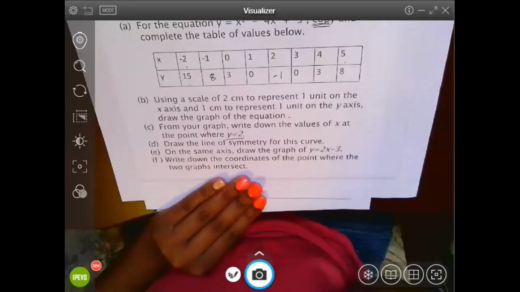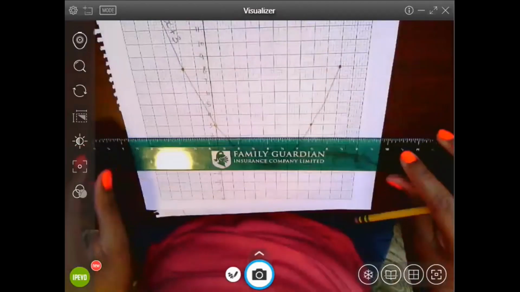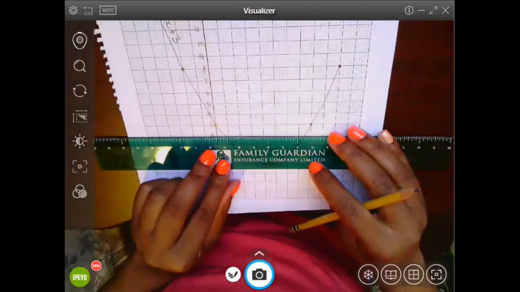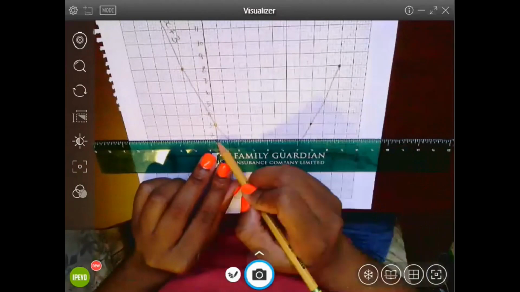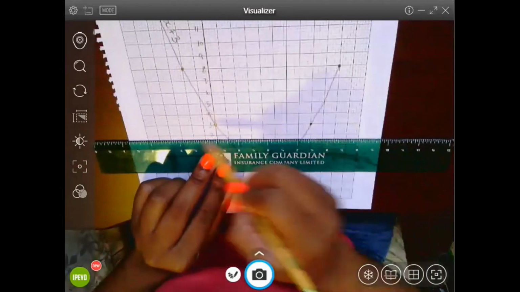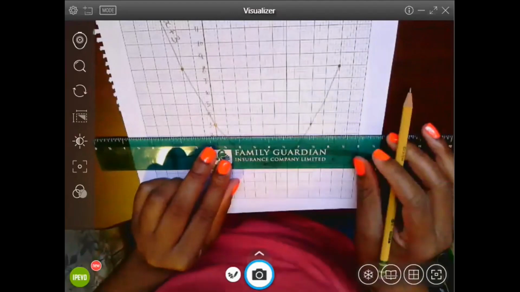So I'll take my ruler, and I'm not going to draw this line. I'm just going to put my ruler to where the line should be. So I'm going to put my ruler on the line y equals 2, which I know is the horizontal line that goes to the point y equals 2. And I'm trying to see where my graph intersects with that line.